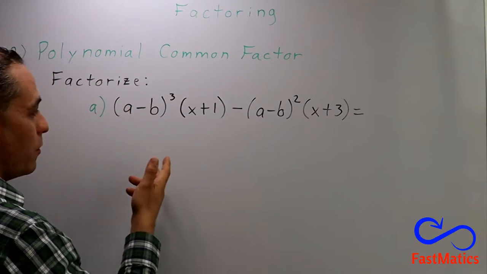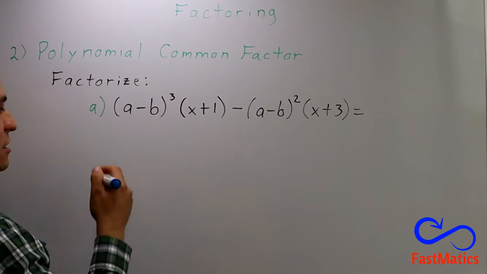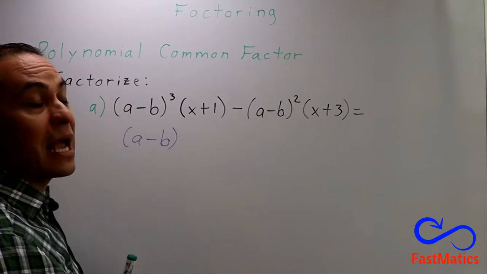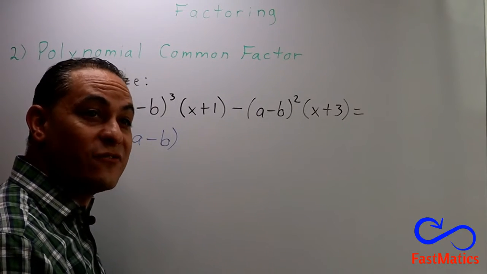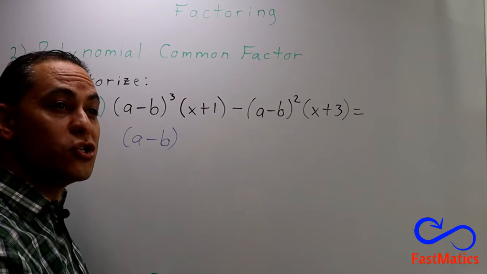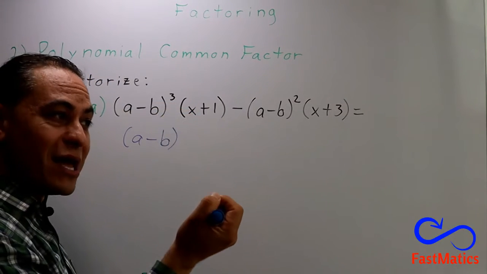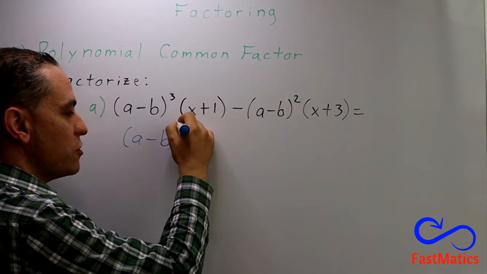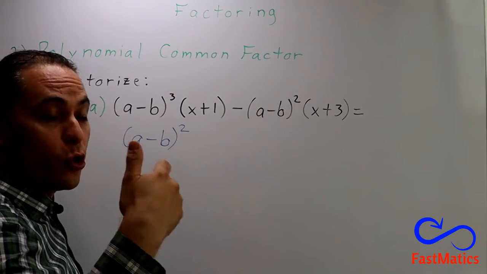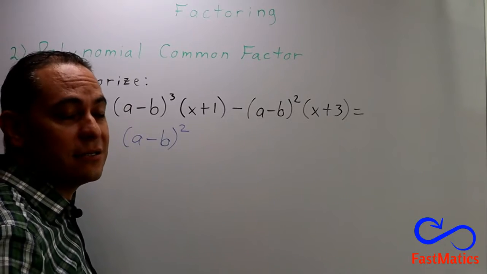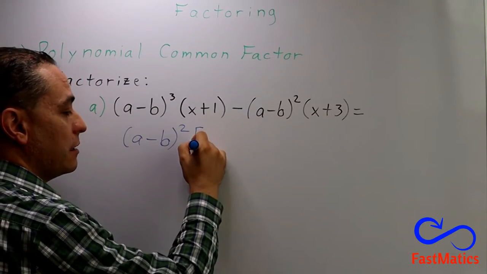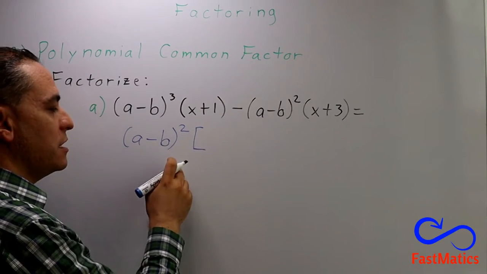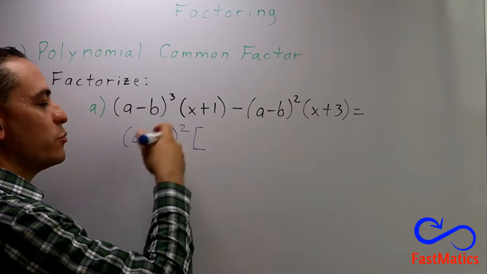Okay? So, we are going to write the common factor a minus b, and as we have seen in the last video, we are going to choose the lowest exponent. 3 and 2, we choose the 2. After that, we open a parenthesis or a bracket, it is not important. I will open a bracket because we need to separate parentheses and brackets.